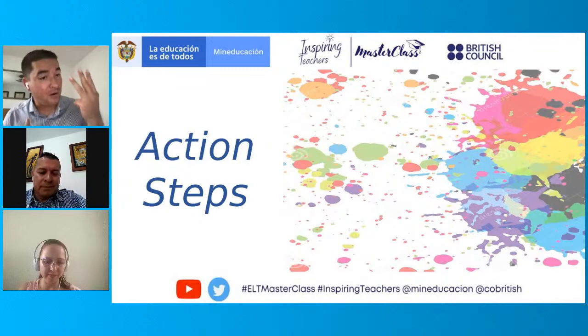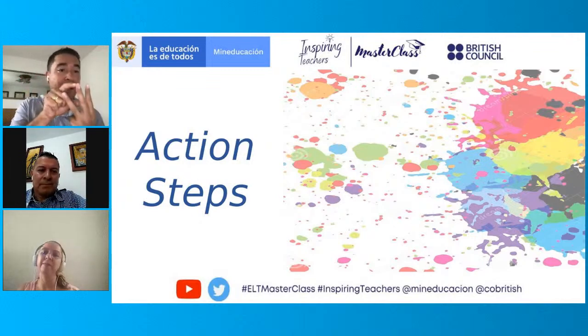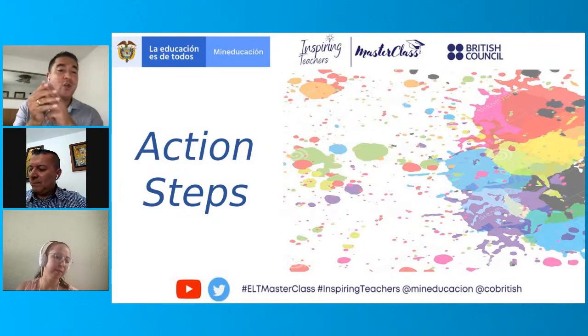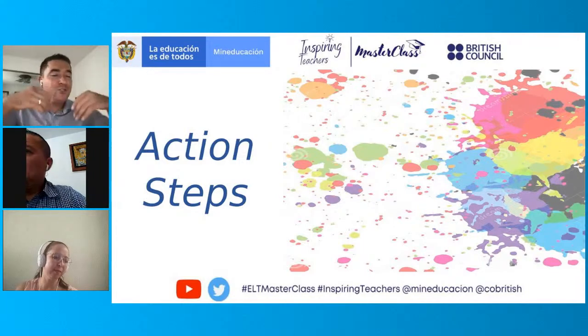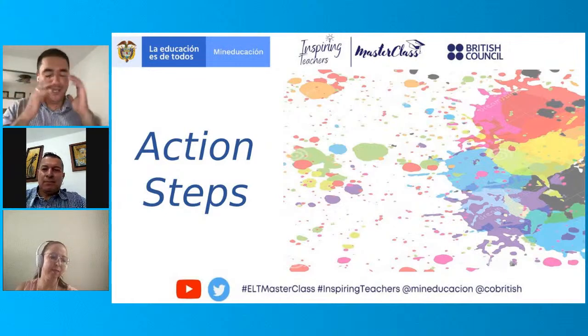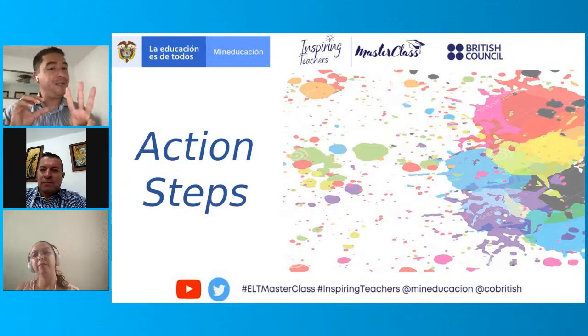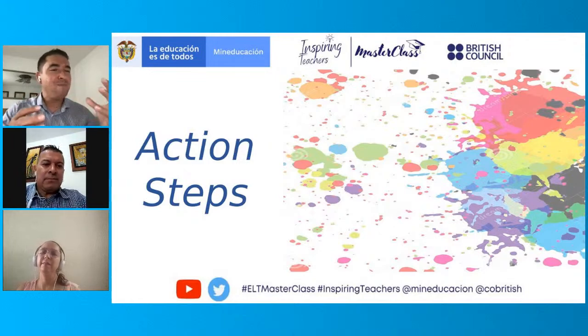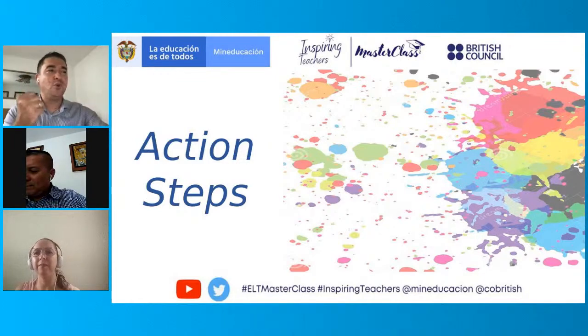Yes, because if we have collaborative work, we can promote interaction. And if there is interaction, there will be communication. So 3 techniques. I just want you to guess, Teacher Martin and Teacher Rocio. If those are the 3 techniques, what can be the action step? What can be something for you to take to your house?